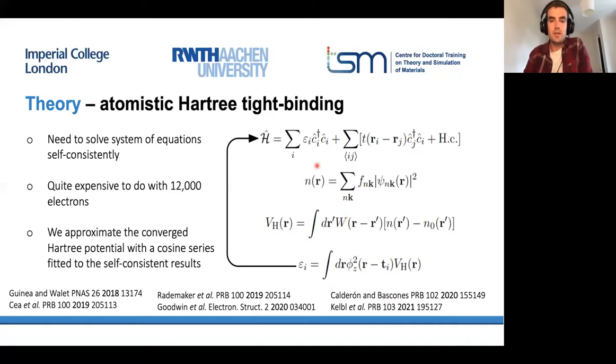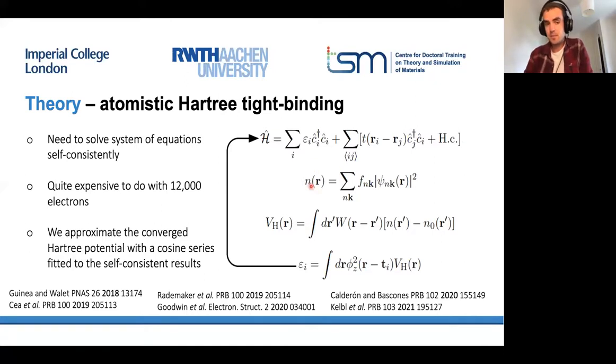So what we do in this theory is we construct and diagonalize our Hamiltonian and generate the electron density from the occupied states of these eigenstates. And then using the electron density and a screened interaction, we determine the Hartree potential, which is then included as an on-site energy in the Hamiltonian, and we need to self-consistently solve for the electron density.